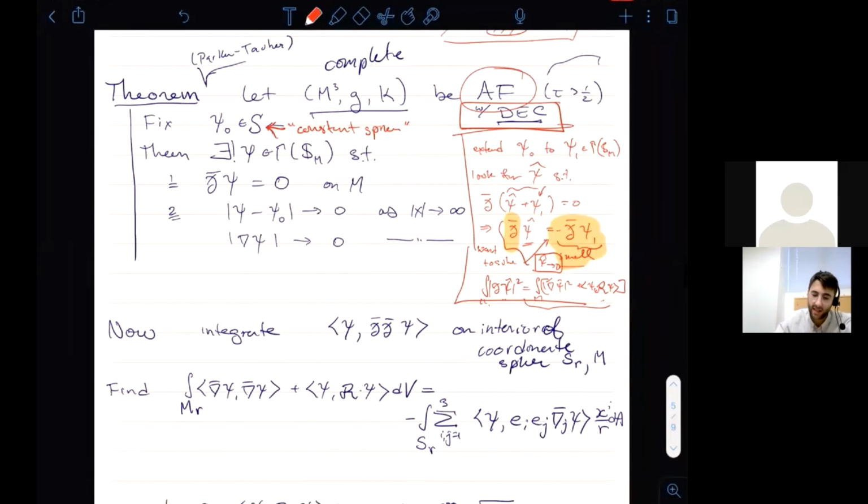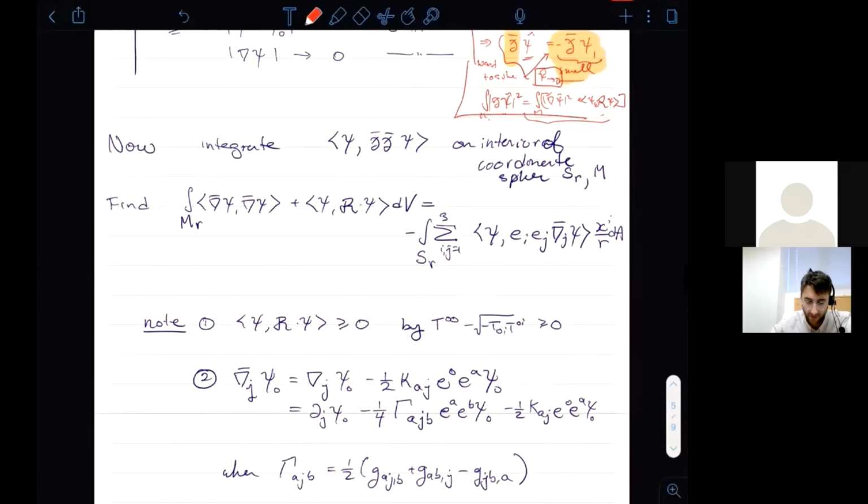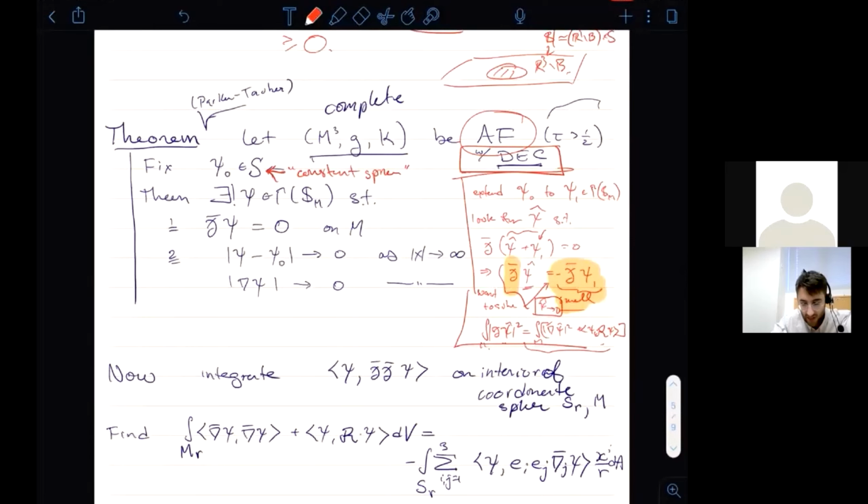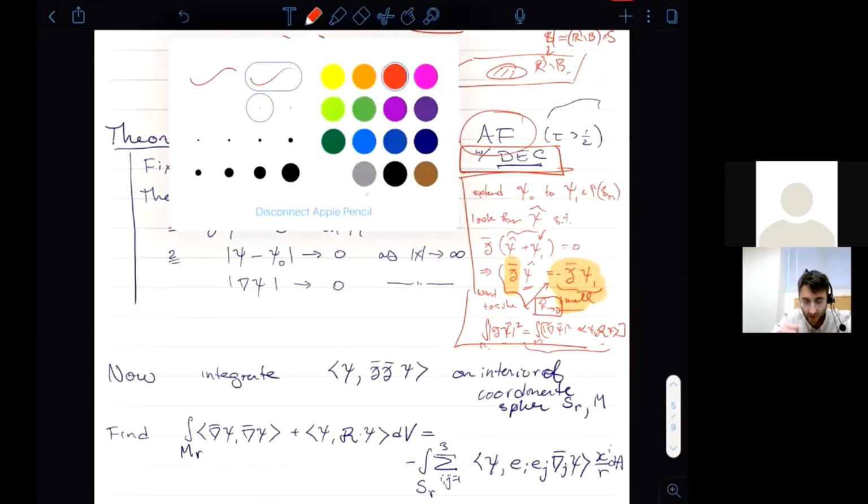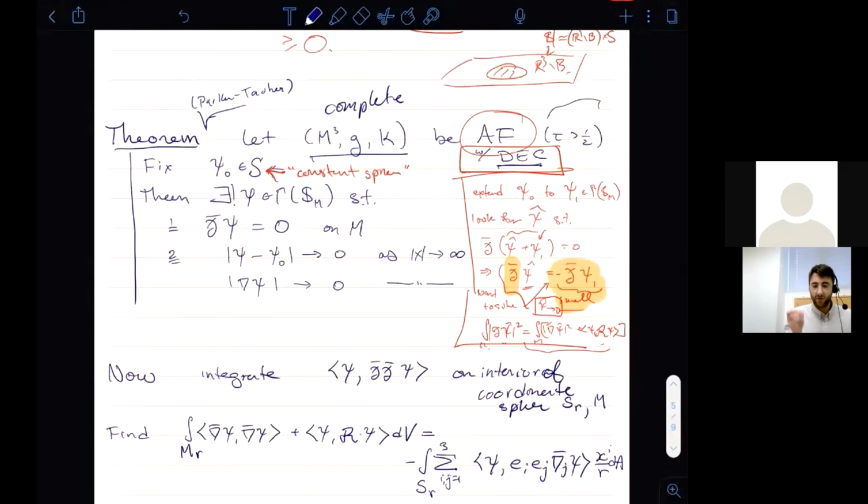Okay, so that was just a brief aside. Now let us approach the proof of the positive mass theorem. We'll fix the spinor at infinity psi naught and work with one of these guys from the theorem. So let phi be as above.